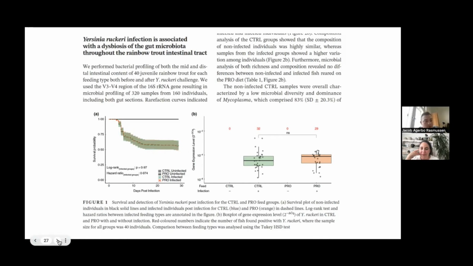So it's around 50%. So of course we cannot say that the last 50% had it, but we can say that of all the fish we sample, like, so the thing is, in these trials you are not allowed to let a fish die from a pathogenic infection because that's unethical. Yeah. Right?